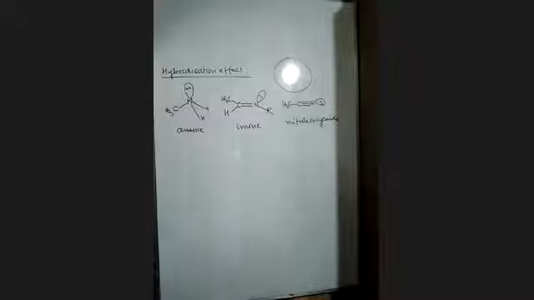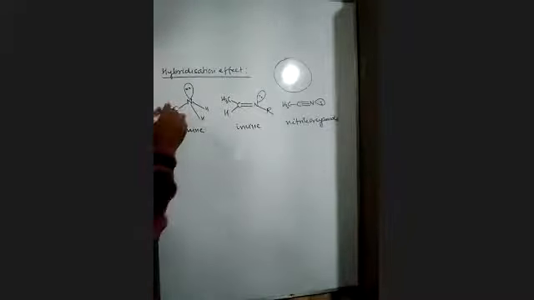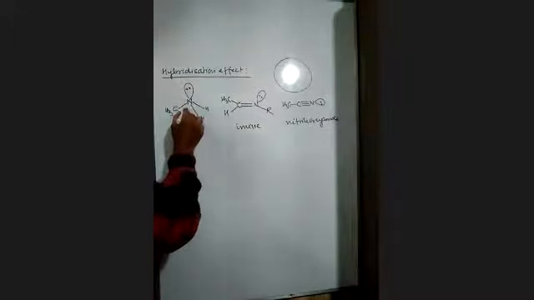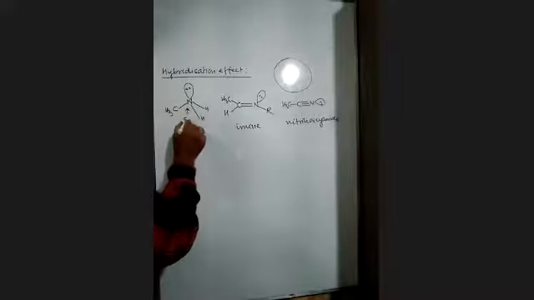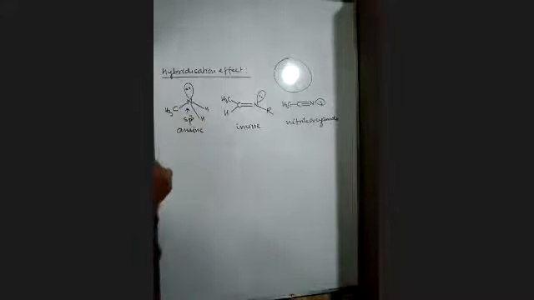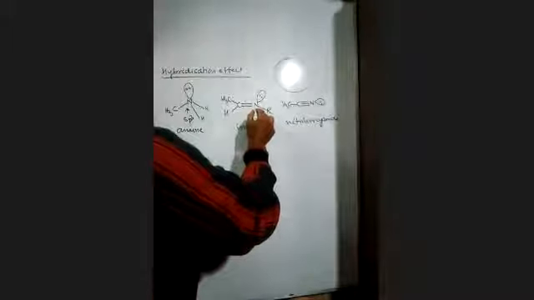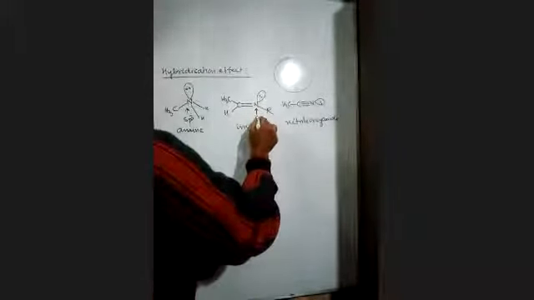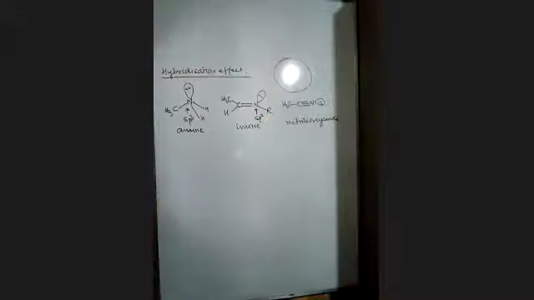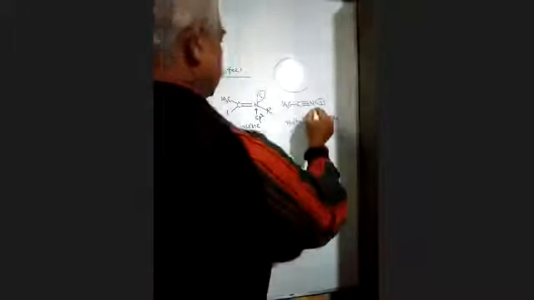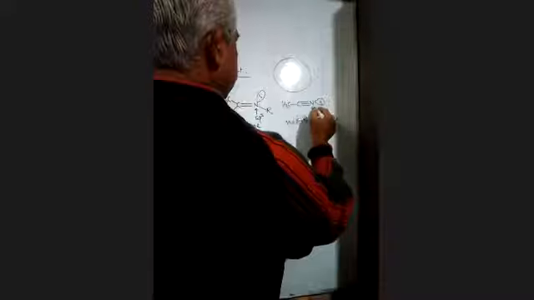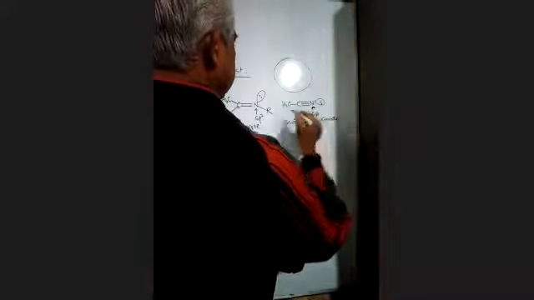Look here. What is the hybridization of nitrogen here? It is sp3. What is the hybridization of nitrogen here? Double bond is there, na? So it is sp2. Triple bond, in this case it is sp.